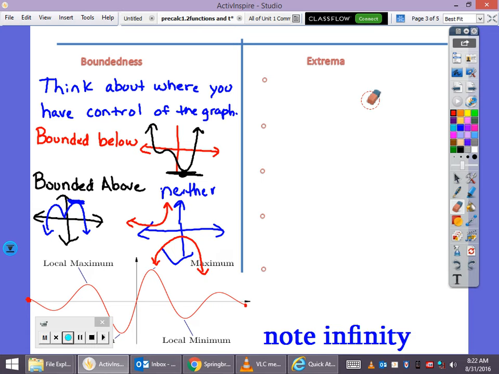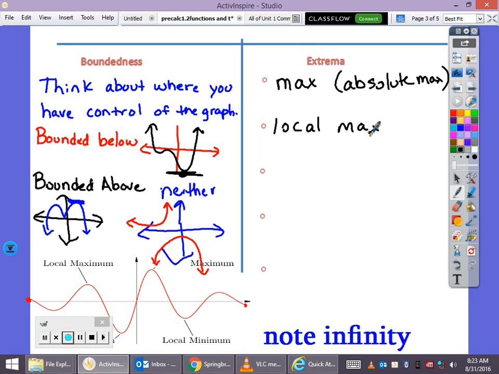I kind of started covering extrema when I was talking about boundedness. We have a max, also known as the maximum, the absolute maximum, which would be the highest point the graph ever reaches. We also have a local max, okay?